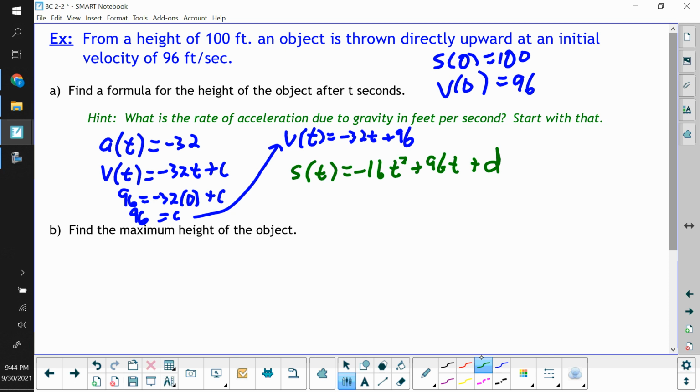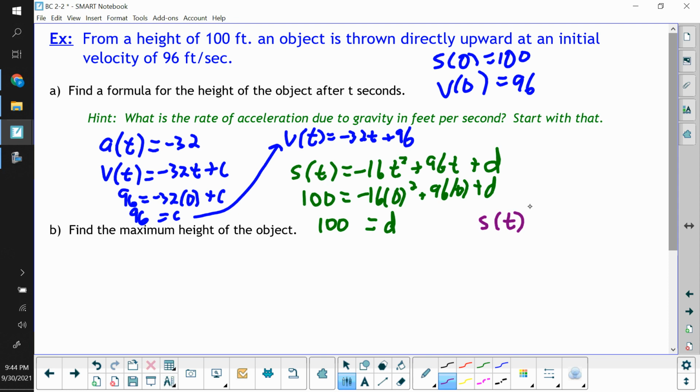We'll fill in our initial condition of 0 for t and 100 for the position. So those first two terms will wipe out, so d is just 100. So that means our position function, S of t, will just be negative 16t squared plus 96t plus 100.